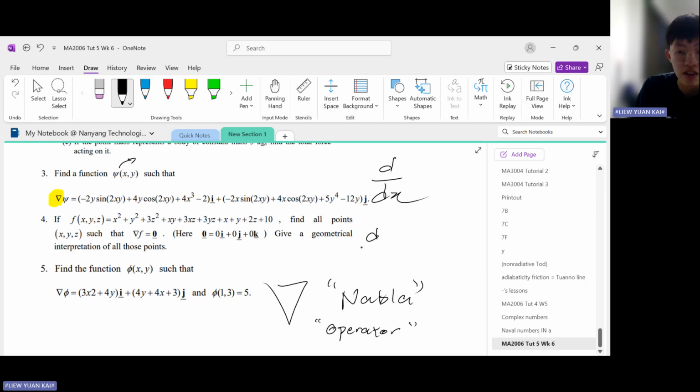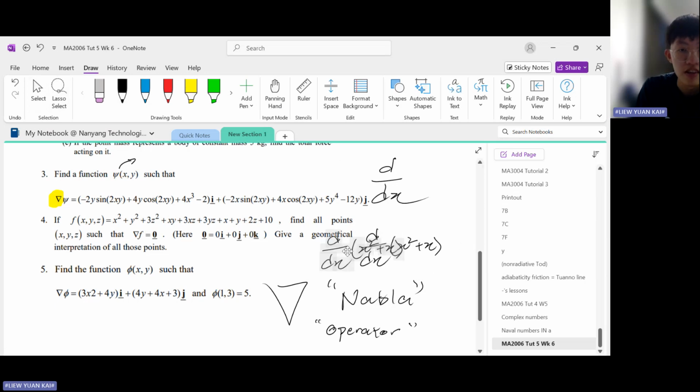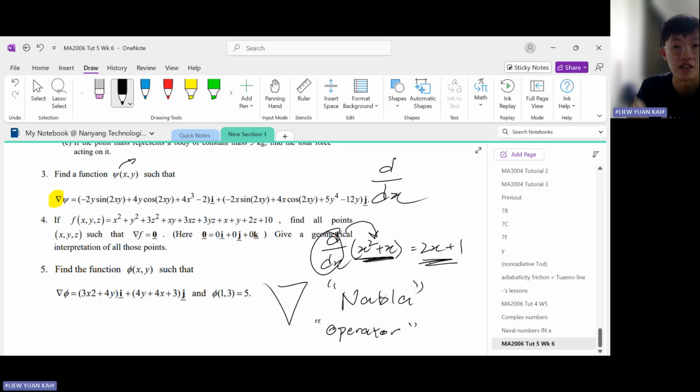You give it a function, let's say, for example, x squared plus x, then this will generate another function. If you take this derivative, it will become, power bring down, power minus 1. See? So this derivative operator will take the derivative of x squared plus x and then give you another function. So that's what Nabla also does.